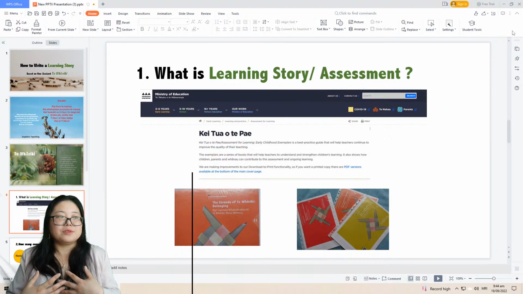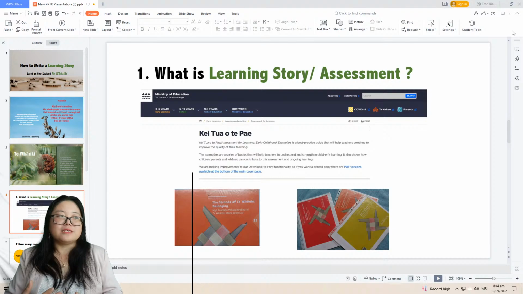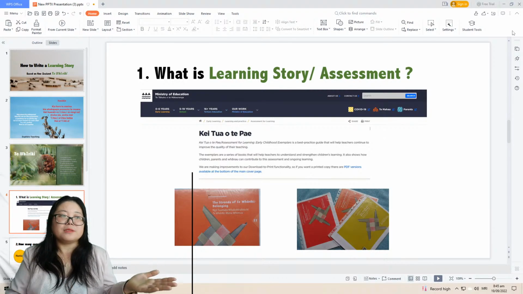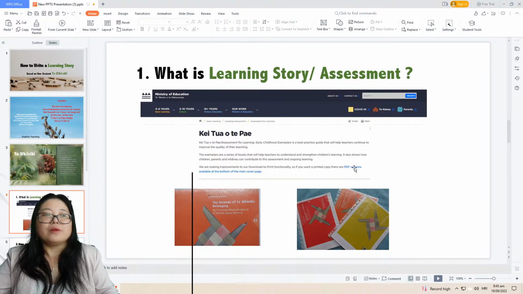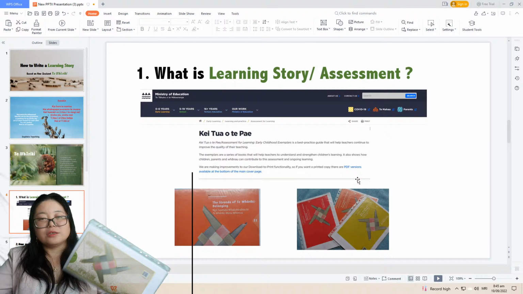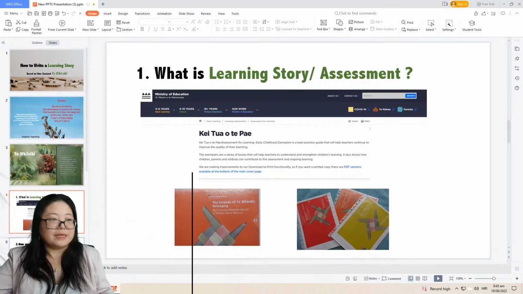Like, I used to work in Australia, so if I'm curious about Australia's expectations towards teachers' practice with children, I will search their website, and you can see all the documents and all the guidance within it. So that's the way New Zealand would like the learning story to look in their center, in their service.